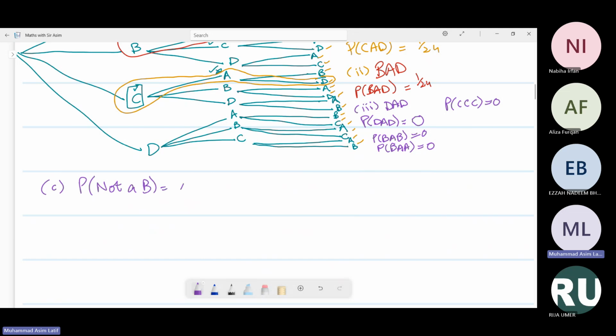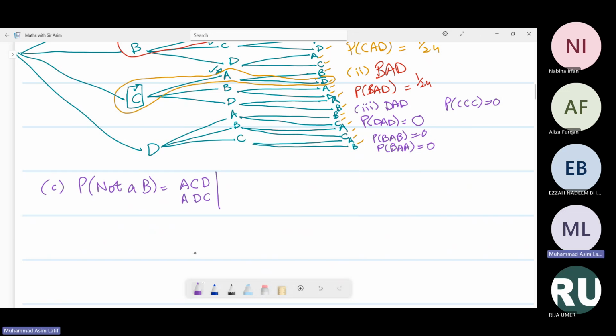That means either it could be an A at the first place. Now for the second place, not to have a B, either it could be a C, then D, or it could be a D and then C with A.